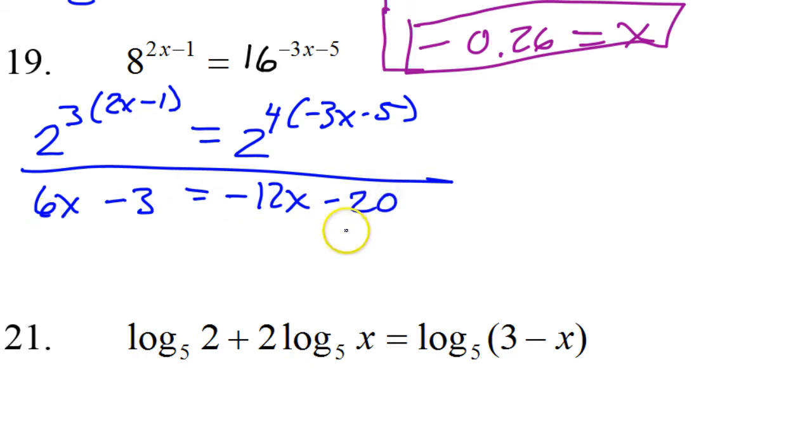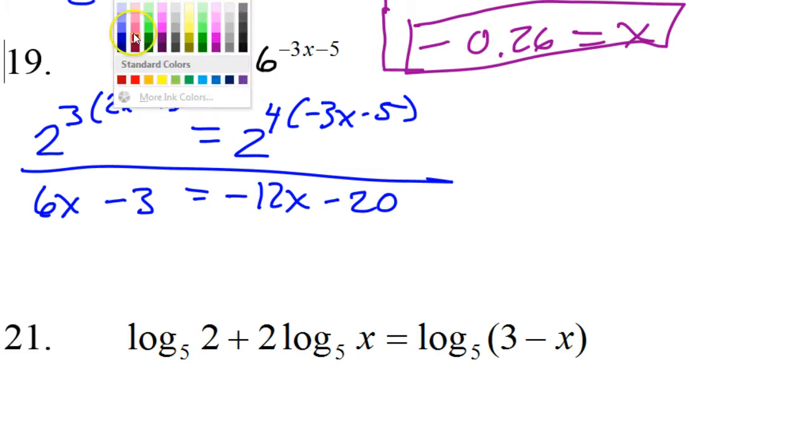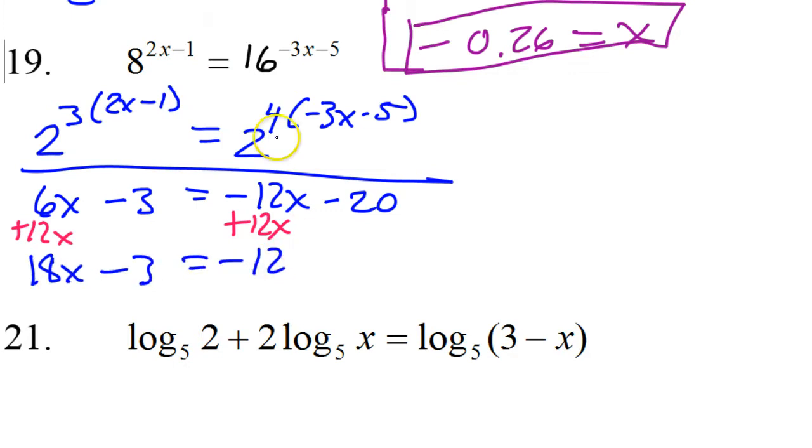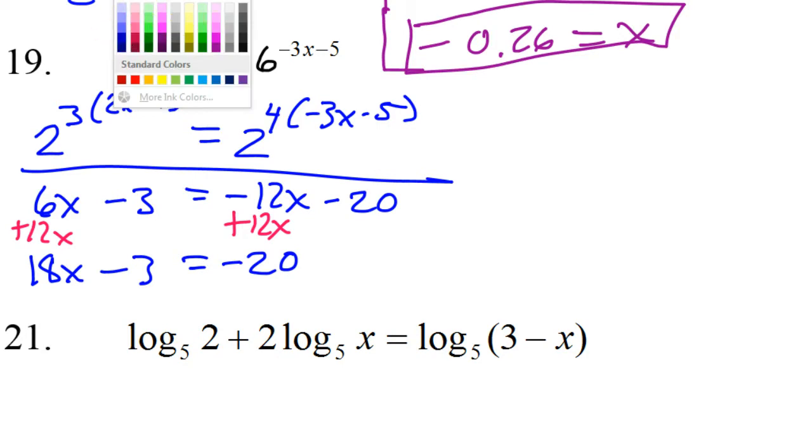So now we're back to just algebra. So I would add 12x to both sides. So that's going to give me 18x minus 3 is equal to negative 20. So I will add 3 to both sides.